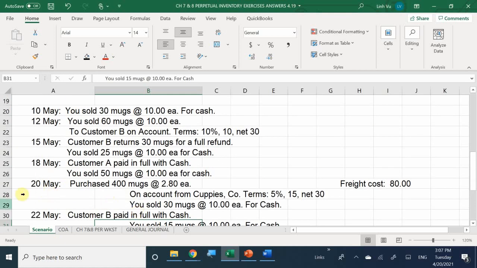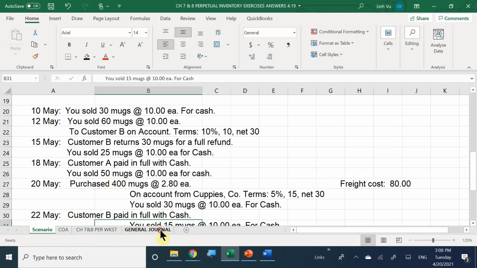How much did I buy and at what quantity did I buy? Or at what purchase price did I buy? We bought 400 at $280 each. And if we met the terms, we got 5% off. Okay, so 5% off of the purchase price.